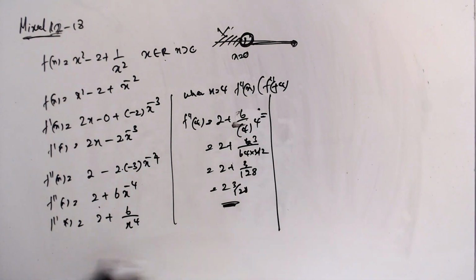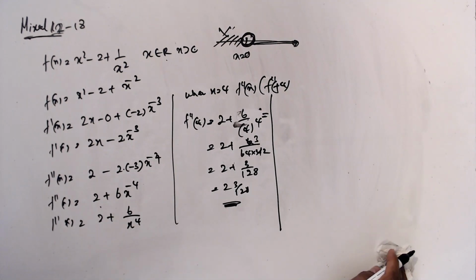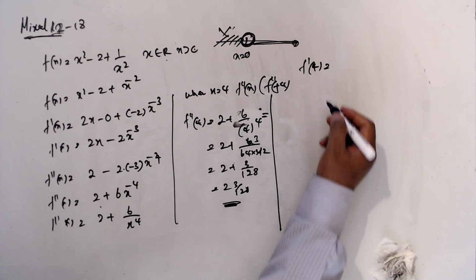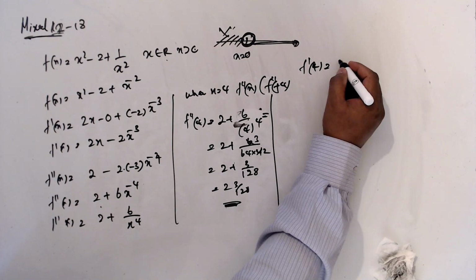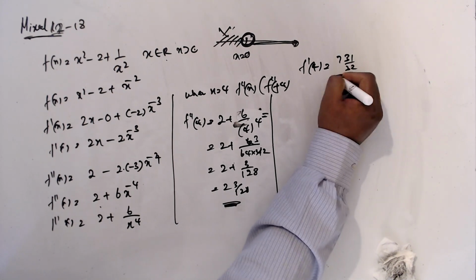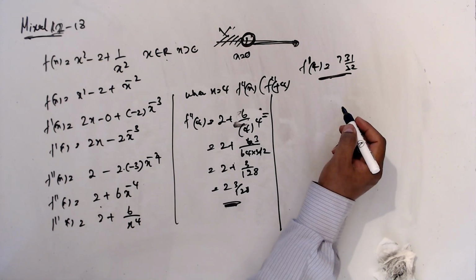But I think they won't want f double dash 4. They may need f dash 4, because if you find f dash 4, you may get 7 over 38 over 32, f dash, not double dash.